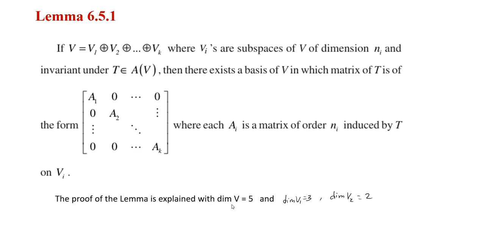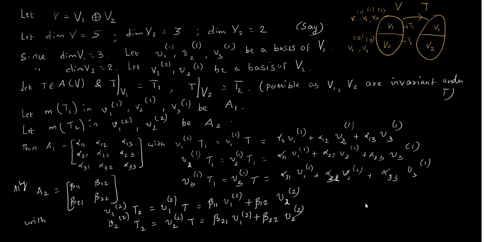So we have taken the dimension of V, which in the theorem will be assumed as n, and V1 will be of dimension n1, n2, and so on in the actual proof. But to understand the proof easily, we have taken the dimension of V1 to be say 3 and V2 to be of dimension 2.